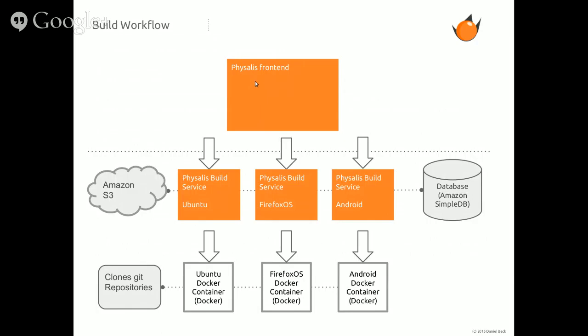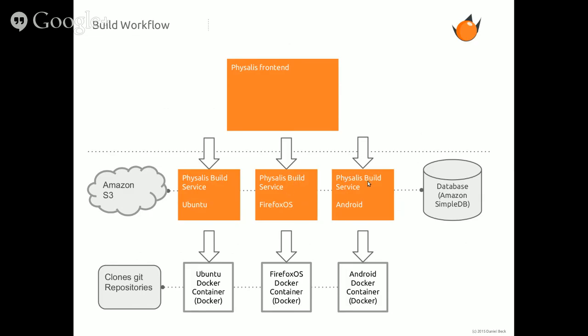And the building task is done by worker services. And they are different. You can have many of them. Here you see a Ubuntu Worker service, a Firefox OS Worker build service, and an Android build services.